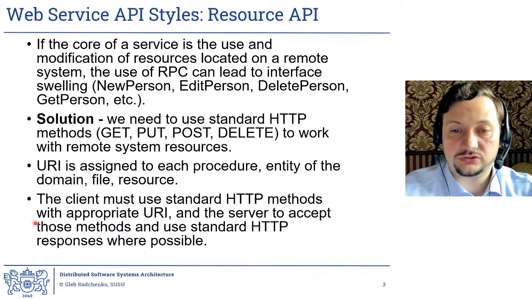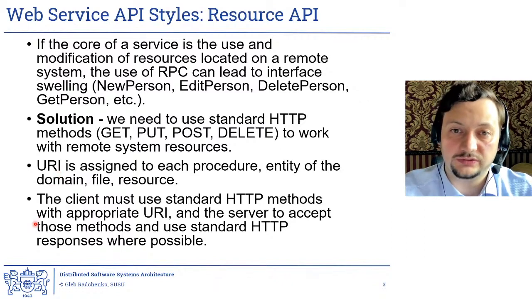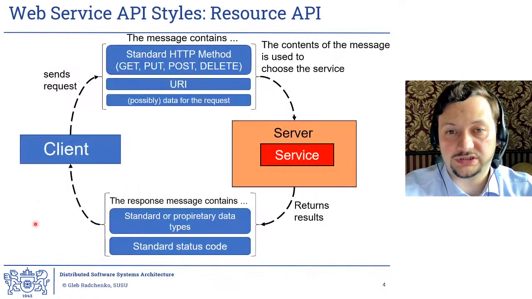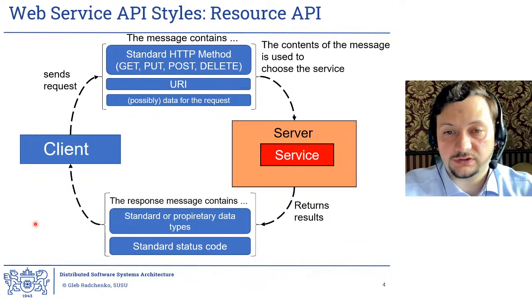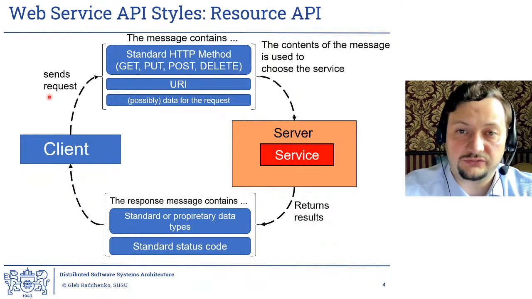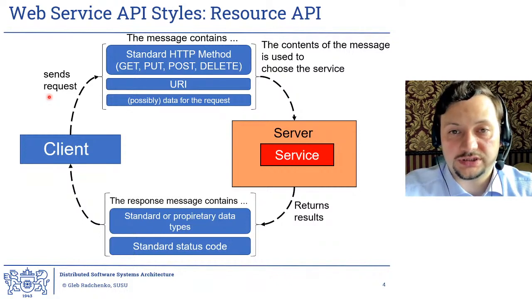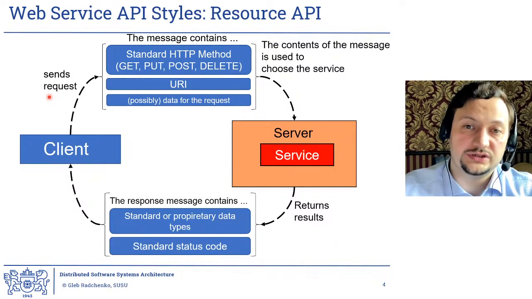And the server accepts these requests and sends us the response if the request is successfully executed. So on this slide, we can see that the client sends a request, and this request does not contain the name of procedure or the parameters of the procedure as we discussed on our previous lectures in the RPC services.